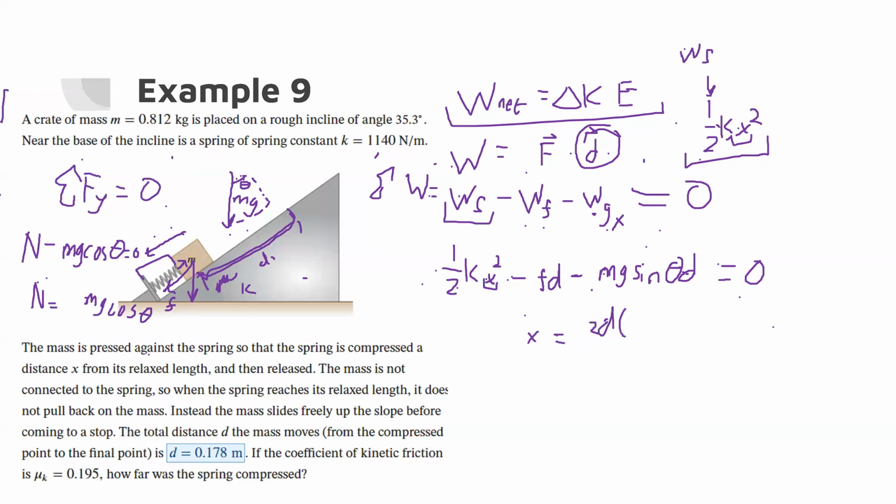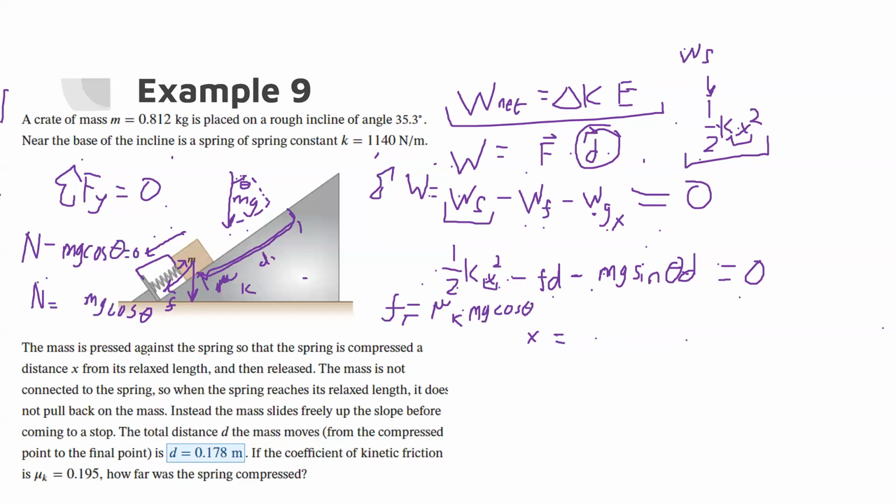So let me do that again. Substituting that in, the force of friction is mu sub k times n. So I'm going to have mu sub k times mg cosine theta.